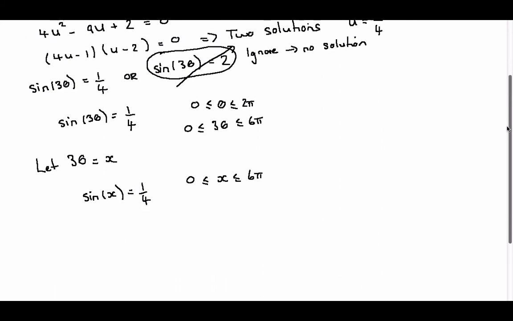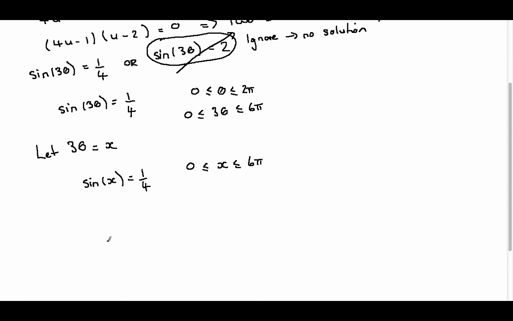So using our calculator and doing inverse sine, we can get x. So our first solution is x is 0.253. And a second solution is x is pi minus 0.253, and that is 2.889.